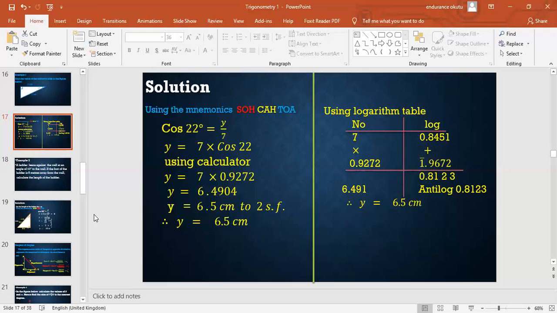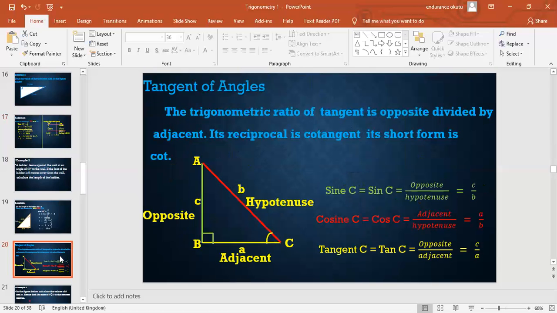Now let's go to tangent of angles. The ratio for tangent of angles is opposite divided by adjacent. Its reciprocal is what we call cotangent.